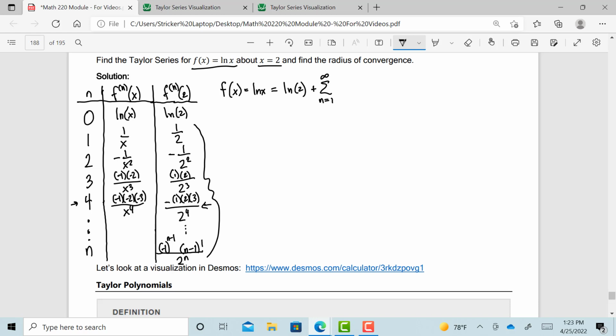And then our nth derivative evaluated at 2 follows the formula that we wrote. So we have -1 to the n minus 1 times n minus 1 factorial over 2 to the n, and then we have over n factorial times x minus 2 to the n.